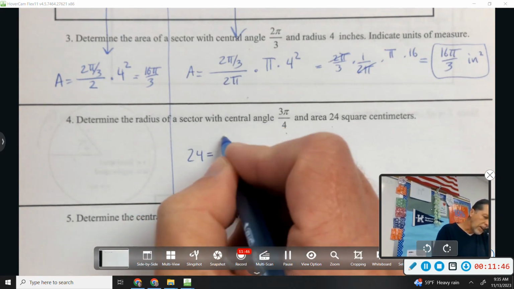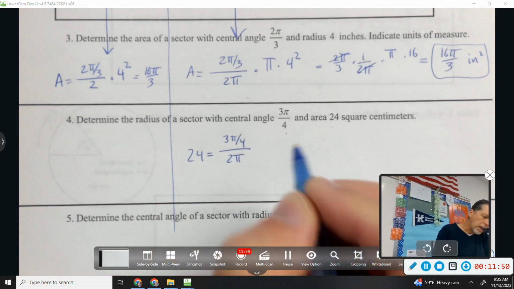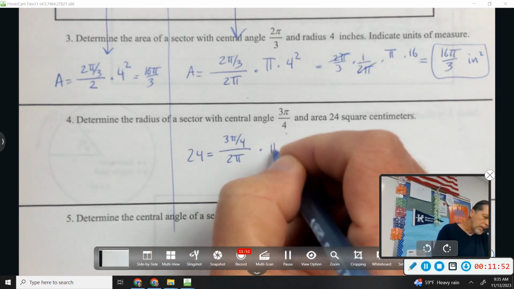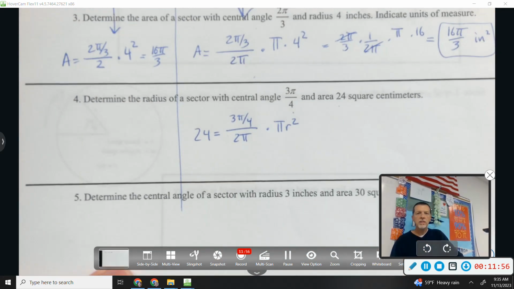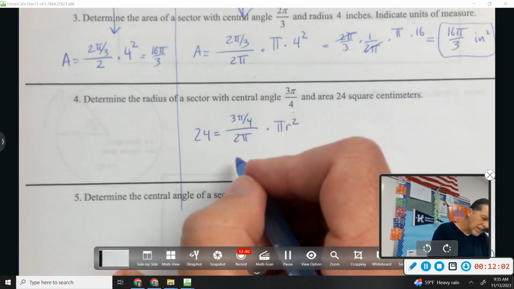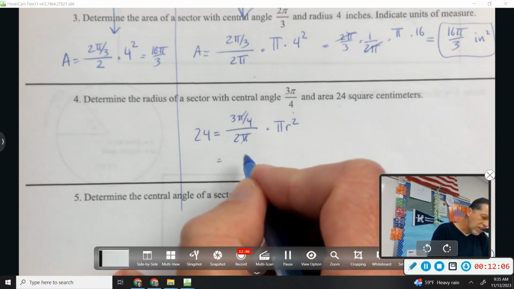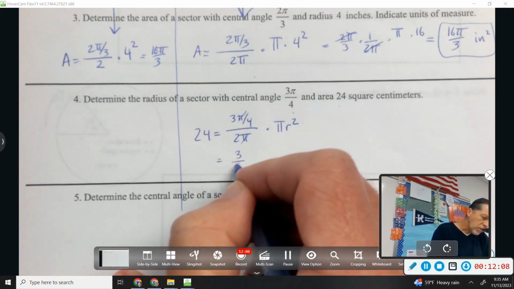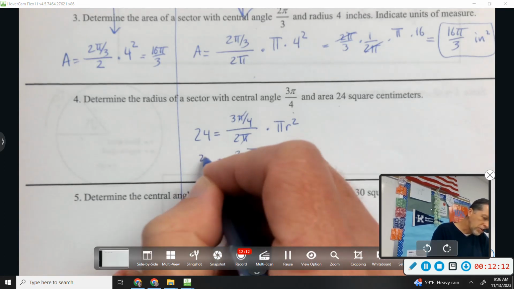The central angle is 3 pi over 4 out of 2 pi, and then the whole area would be pi r squared. So I have to figure out what r is. The pi's will cancel, so 3/8 times pi r squared equals 24.